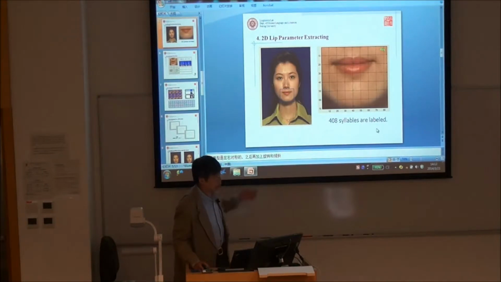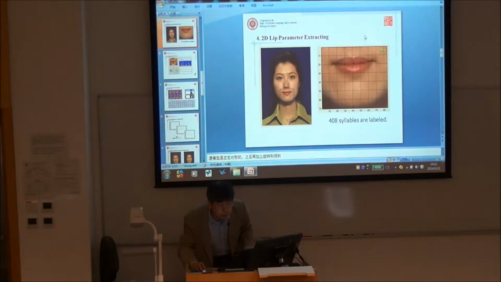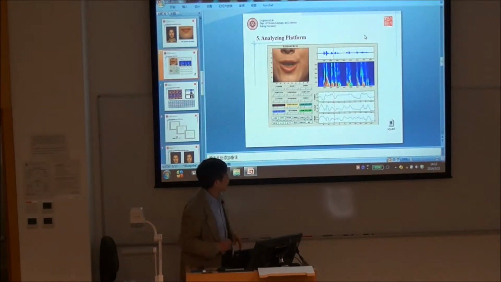Now we use the method to localize the position and extract the parameters of the lip from a video. Here I show you our analyzing platform. We set up a program to extract the parameters of the lip.